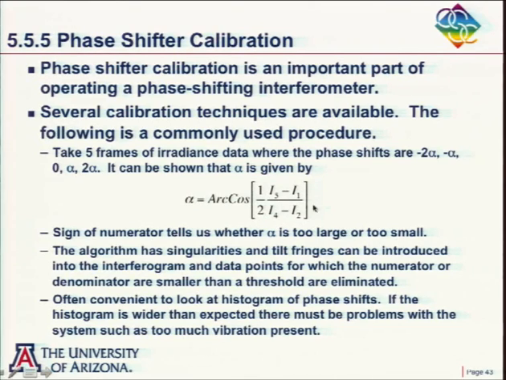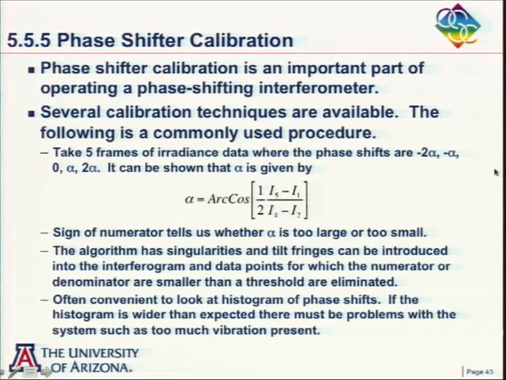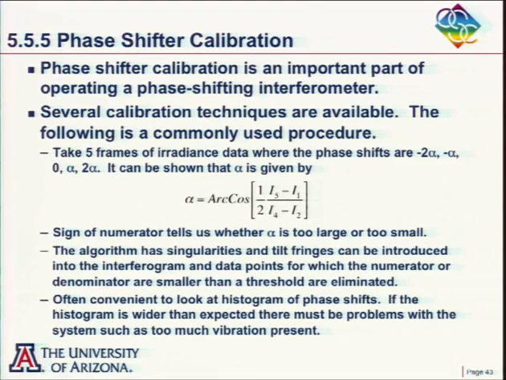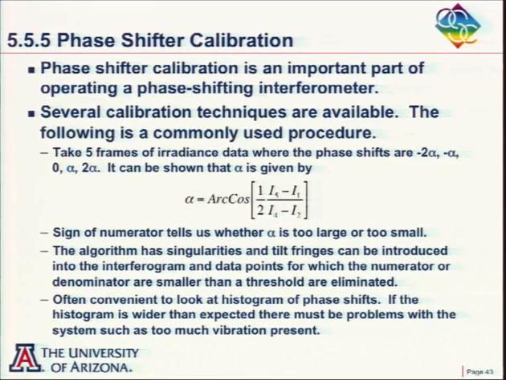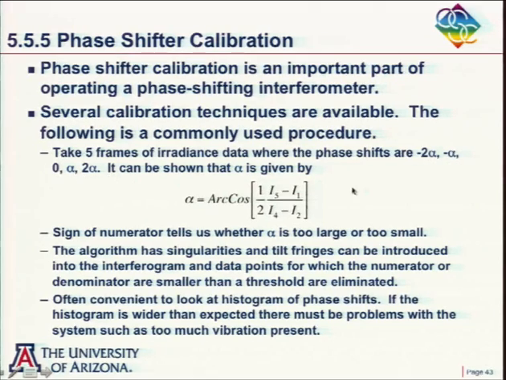If you go in the literature, you'll find several calibration procedures that people have described. But the one that I think most people use is this one right here. The idea is we're going to take 5 frames of irradiance data, where the phase shifts hopefully are close to 90 degrees, but where the phase shifts are -2 alpha, minus alpha, 0, alpha, and 2 alpha.